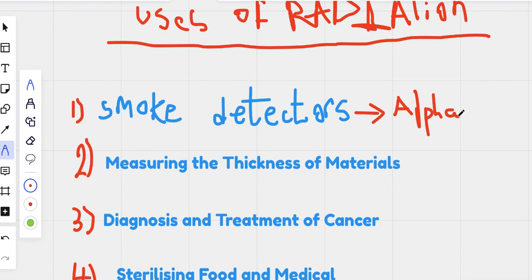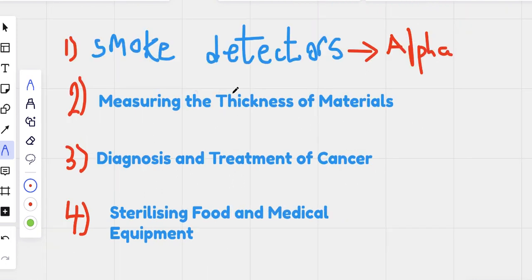That is being detected by a meter or by a galvanometer. But once smoke gets in the way, smoke will block the alpha particles from ionizing the air and producing current. Once that happens, the alarm will begin to ring. So this is how we use it to detect that there's smoke around.